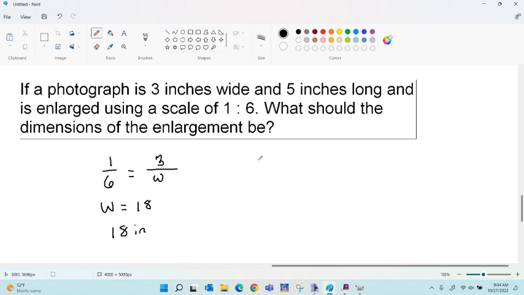And our length, 1 goes with 6. That's our scale. 5 inches goes with our new length. That's a cursive L. So L equals 30, so 30 inches. So our new picture, once you blow it up, the enlargement will be 18 inches by 30 inches.